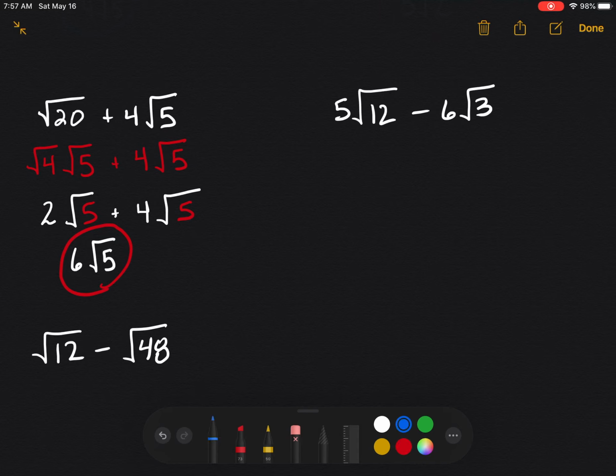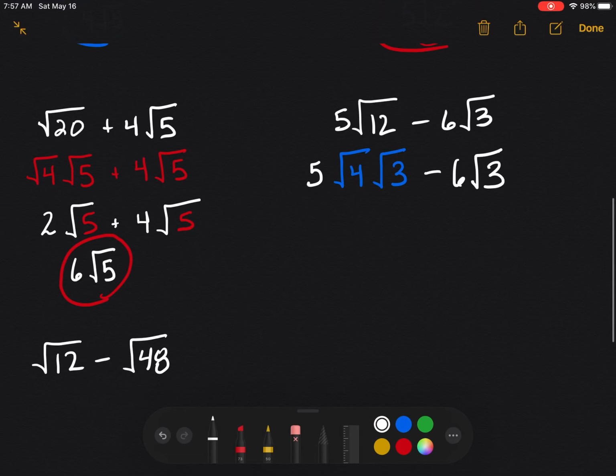This 12 will be a good one to do. 5, I'm going to break this 12 into radical 4 times radical 3 minus 6 radical 3. Now, when I take the 2 out of here, when I turn this into a 2, I have to multiply it times that 5.